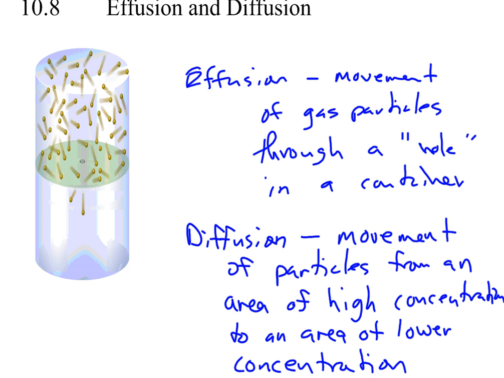For example, the diffusion of perfume through some space: you would be able to smell the perfume because it diffused from the person's body through the air to you. Effusion would be if you had a small hole in a balloon, and the air inside the balloon would effuse out of that hole.